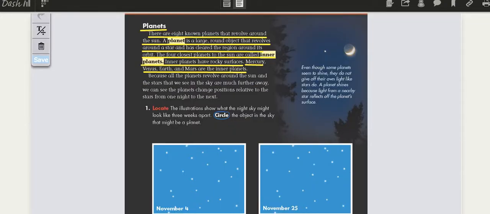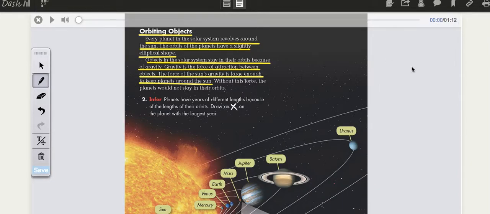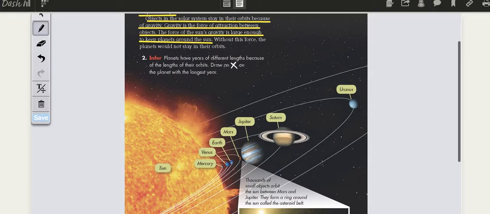Okay, to move on, we said that all the planets in the solar system revolve or rotate around the Sun. Actually, the orbits of the planets are the pathway of the planets.